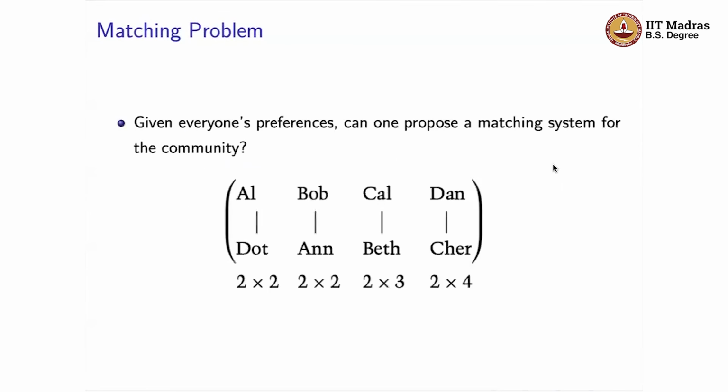This proposal is not going to stick because you have got two people, Cher and Al, who are unhappy with this pairing, and they are going to object and say that we would rather be with each other than with the people with whom you have paired us up. So they would object to the matchmaker's proposal, and therefore it will not work.